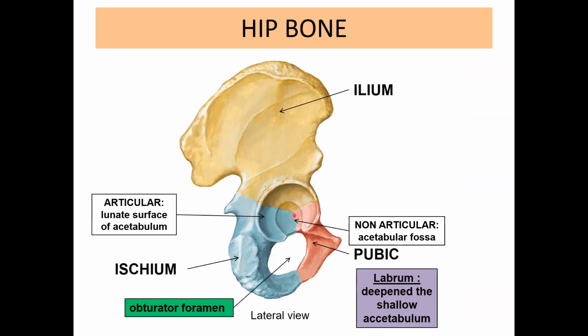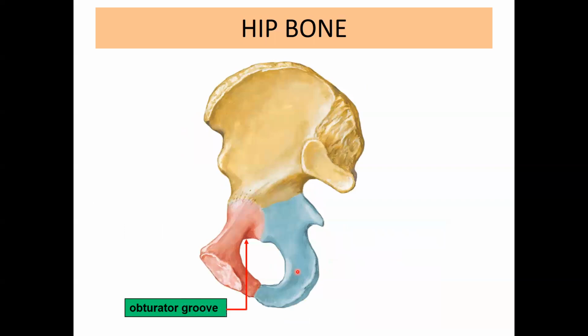Down here there is an opening called obturator foramen. It is located in between the rami of the pubic bone and the ischium. So the ramus of ischium and the rami of pubic bone surround the obturator foramen. The obturator foramen is actually covered by a structure called obturator membrane.